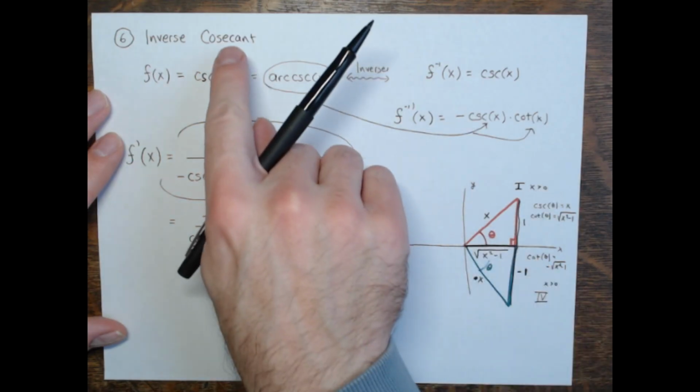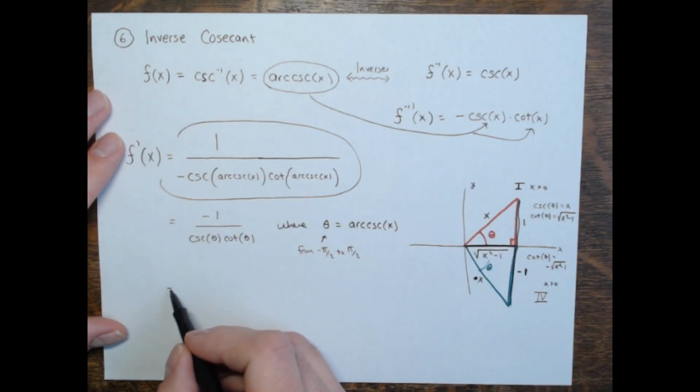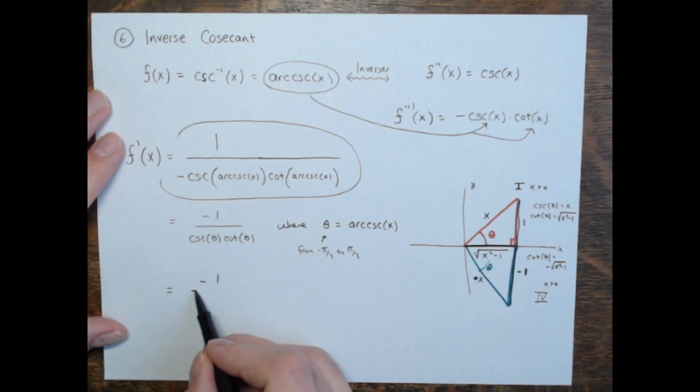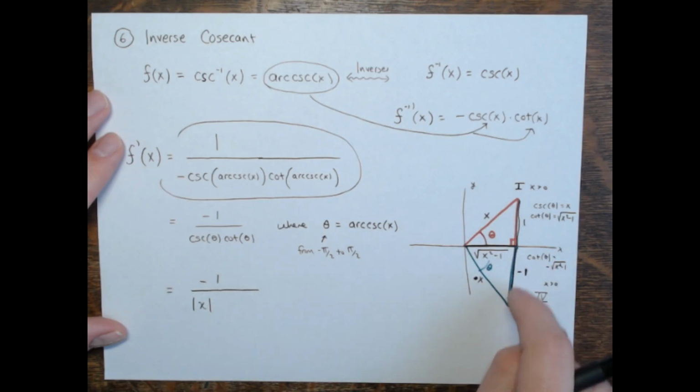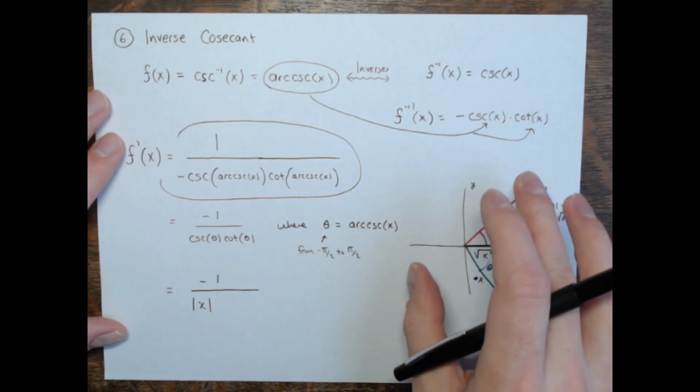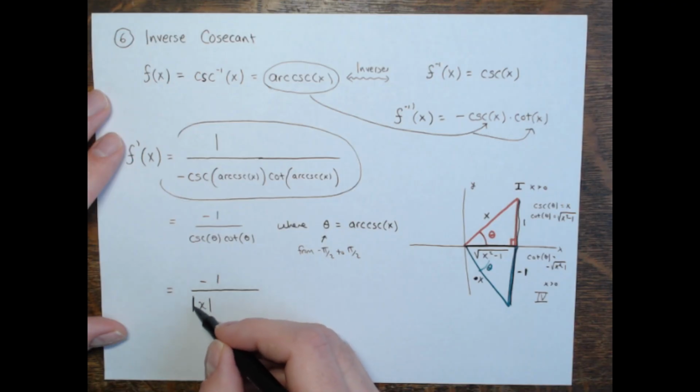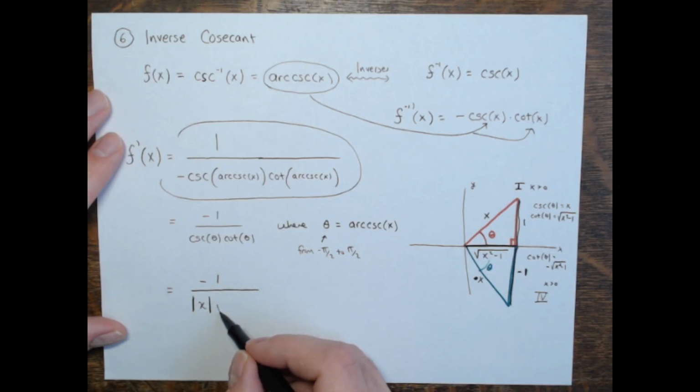But similar to the inverse secant, we'll have -1 over the absolute value of x, just so I don't have to write both, to take both cases into account, times the square root of x squared minus 1.